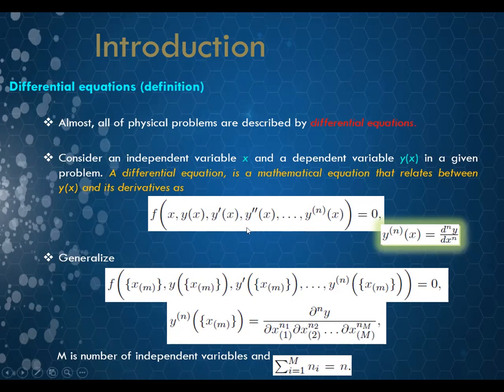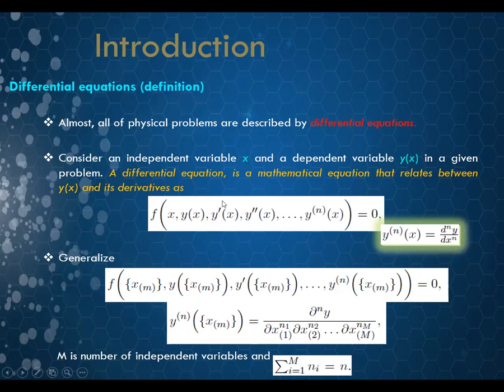as you see in the equation. I don't know if you can see my cursor or not. This mathematical equation between the dependent variable and its derivatives is so-called a differential equation, where y^(n) shows the nth derivative of y with respect to x.